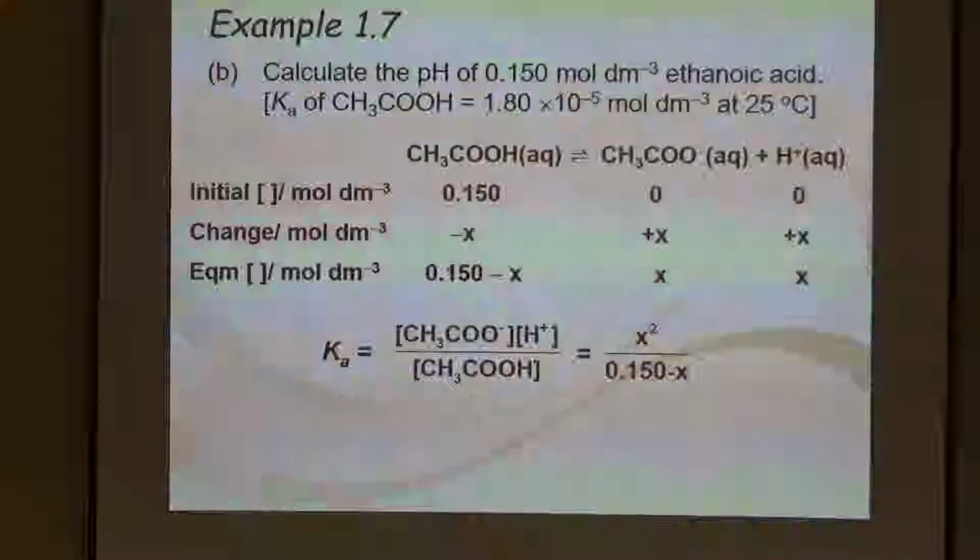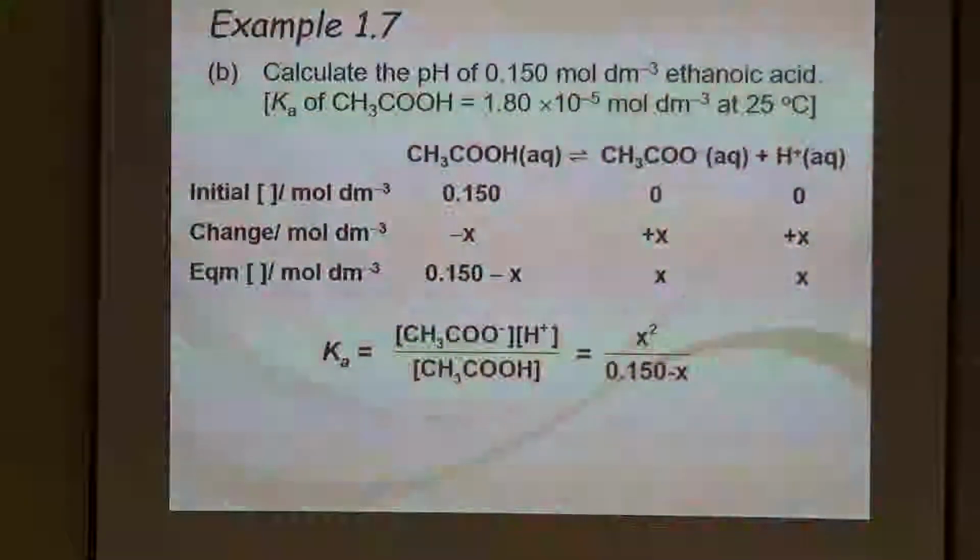You will realize that the concentration of the CH3COO minus and the concentration of the H plus are equal, because both of them came from the ethanoic acid, and when it dissociates, it is in a 1:1 ratio. So they will have an equal concentration.